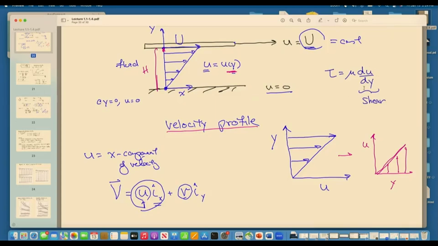And we can also see that the gradient would be indicated by the slope in the velocity profile. So you might immediately look at this diagram and say, okay, here's the slope, and if the velocity profile was like this, then the slope would be steeper and the shear stress would be larger.